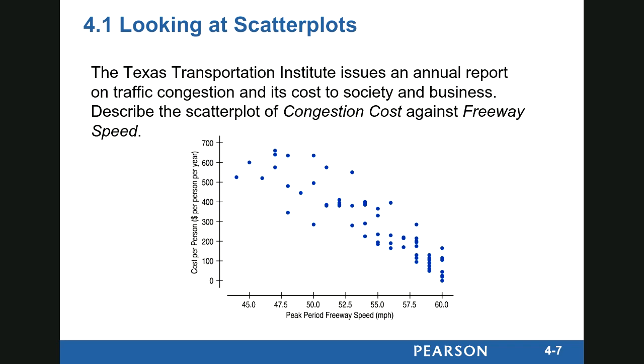What is cost per person, and what has that got to do with congestion cost? What do you think? How do you think congestion cost is collected? So Mark, you say loss of productivity. Okay. Anyone else?